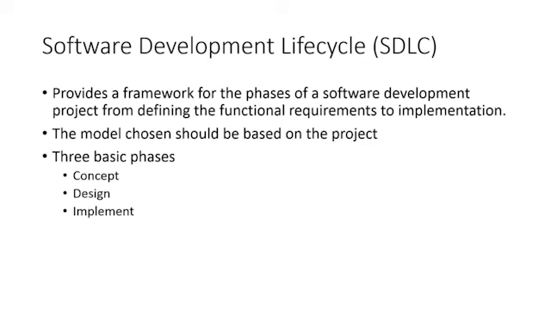Now, the software development lifecycle provides a framework for the phases of a software development project, from defining the functional requirements all the way up to implementation. So we can think about what it is we need to do, plan that out, come up with an idea, design that out, and go ahead and push that out for implementation. Now, the model chosen should be based on the project that we're trying to meet, right?